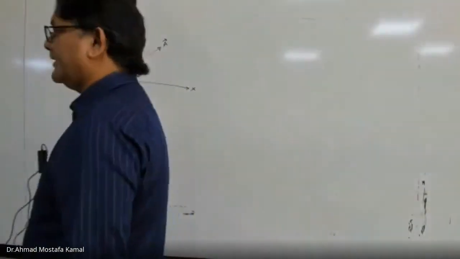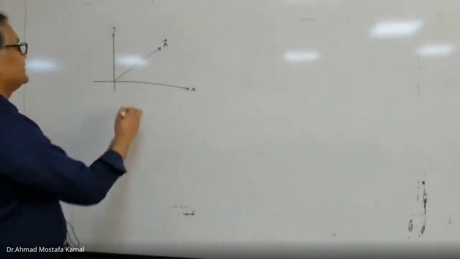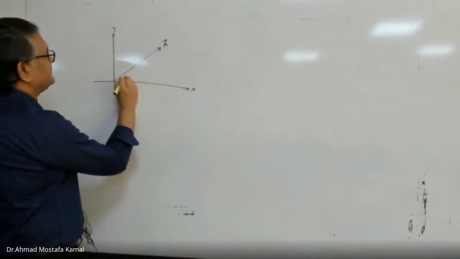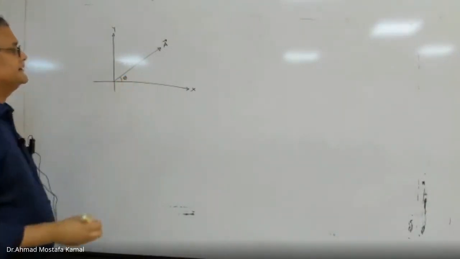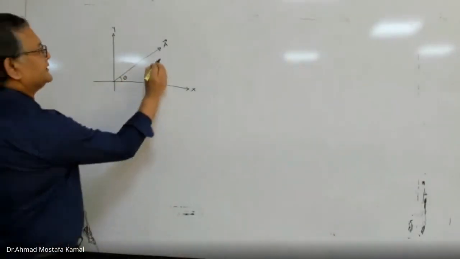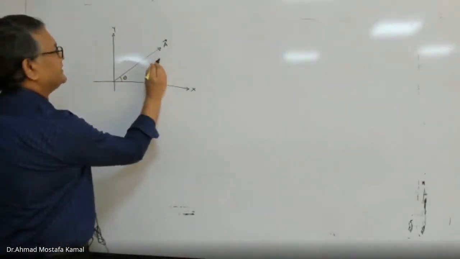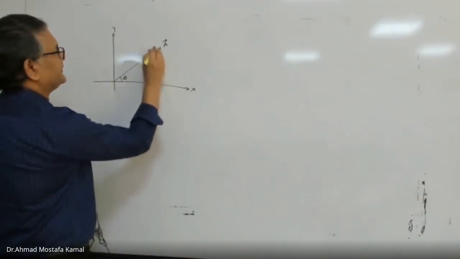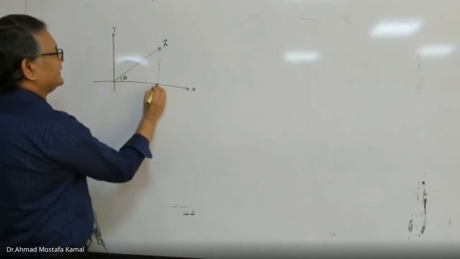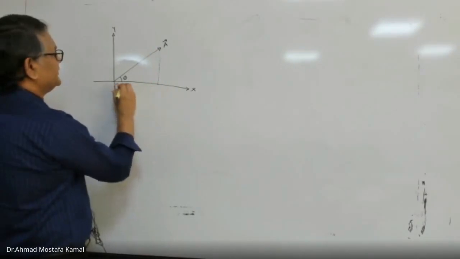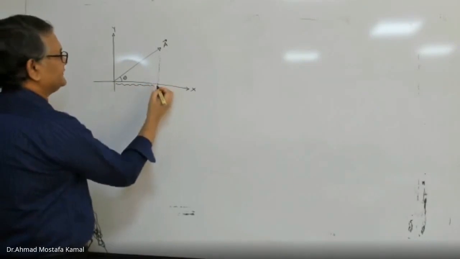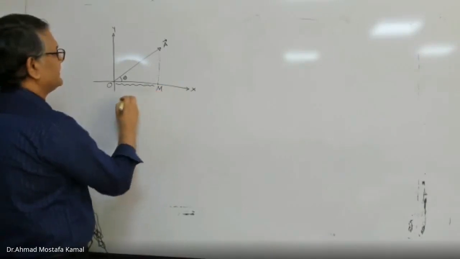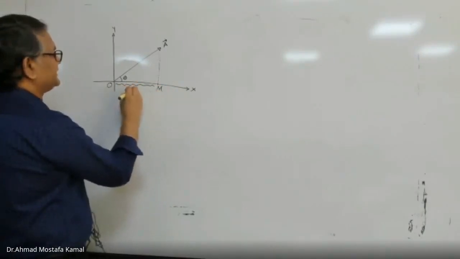So how can we find the x and y component? To find the component, you have to define an angle which is made with the x-axis, the horizontal axis. Then if you draw a perpendicular line from the arrowhead to the x-axis, then from origin O to that point, this point is N, ON is called AX.